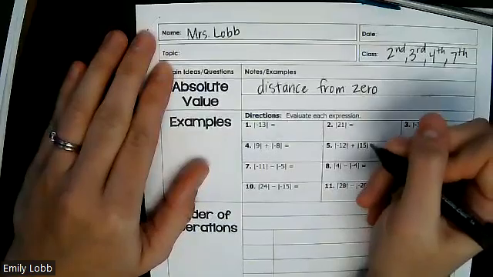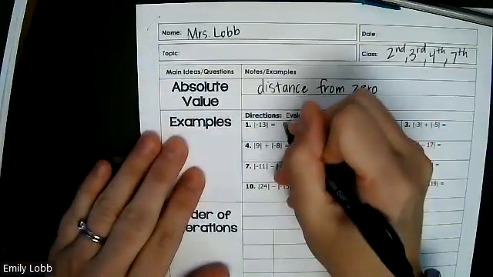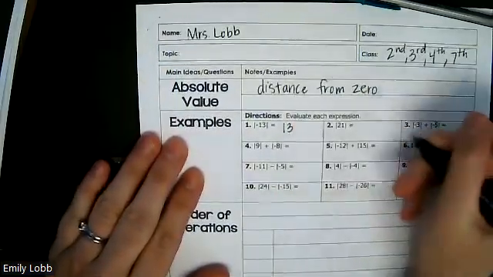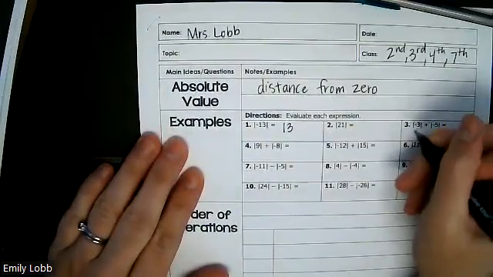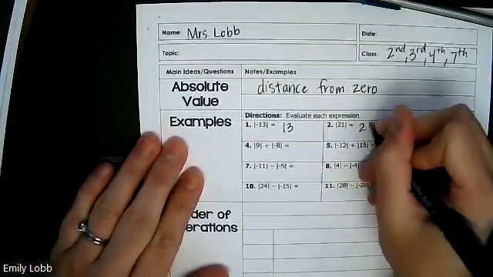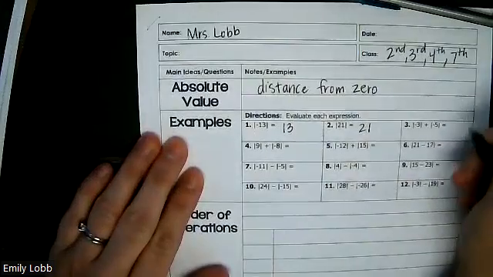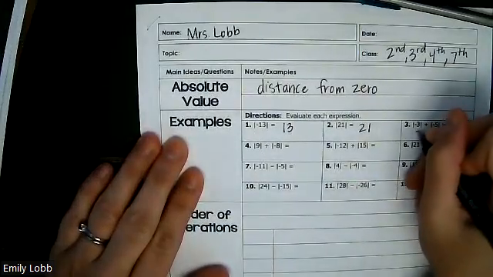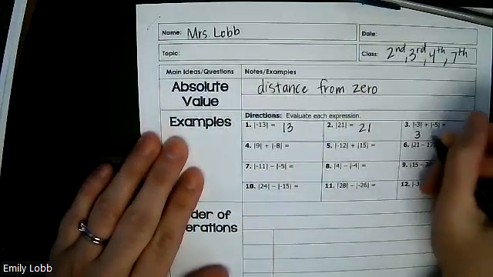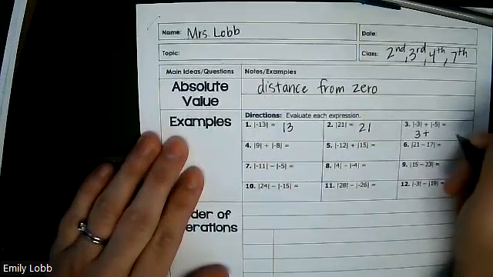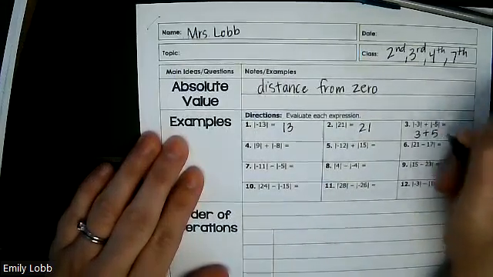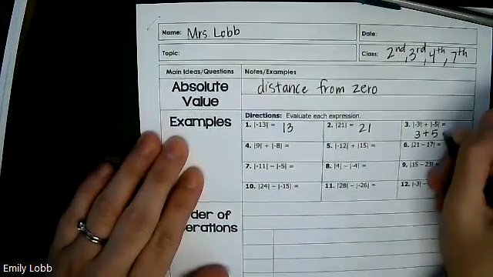What's the absolute value of negative 13? 13. It's 13 jumps from 0. How about the absolute value of 21? 21. And the absolute value of negative 3? And what's the absolute value of negative 5? 5. So what is 3 plus 5? 8.